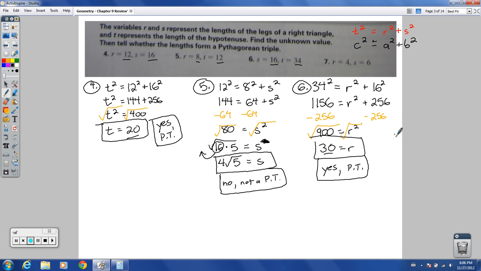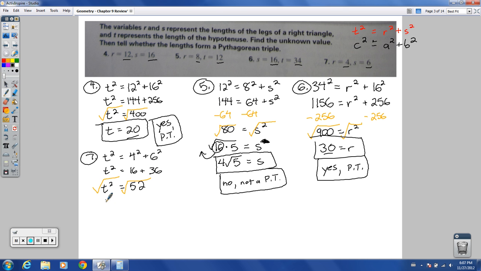And then let's do number 7. I think I'll have enough room for that right here. So here we've got R is 4, S is 6, T is a missing part in this one. So you got T squared equals 4 squared plus 6 squared. What's 4 squared? 16. What's 6 squared? That's 36. So you have T squared is 52. And again, take the square root of both sides.